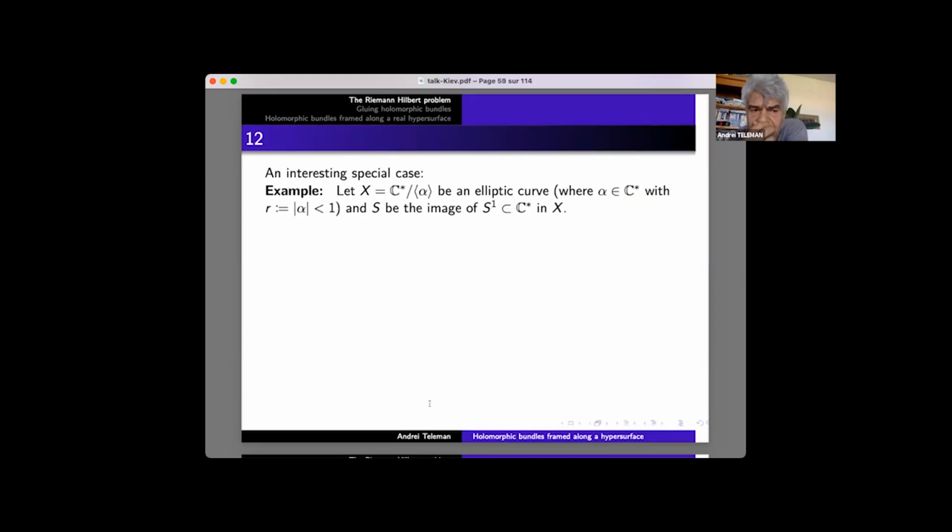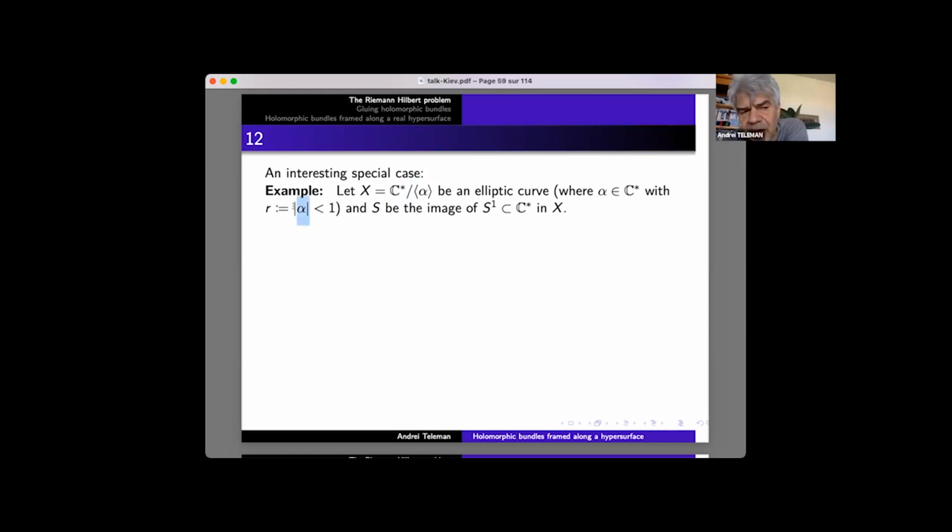An interesting special case is that of an elliptic curve. An elliptic curve, meaning a Riemann surface of genus 1, can be obtained by factorizing C star. I factorize C star by a cyclic group generated by the multiplication with alpha, a contraction.